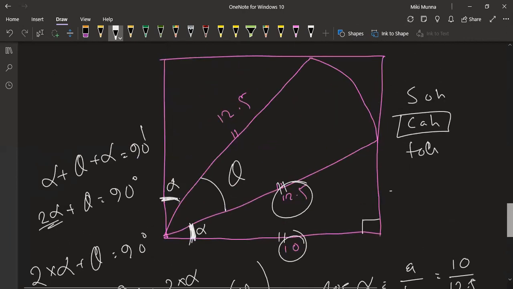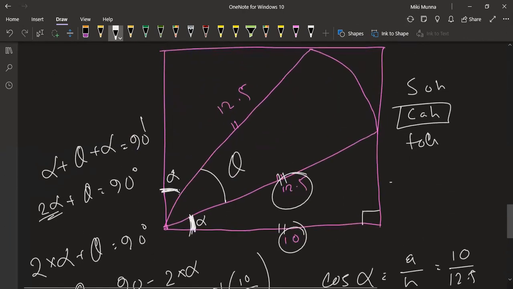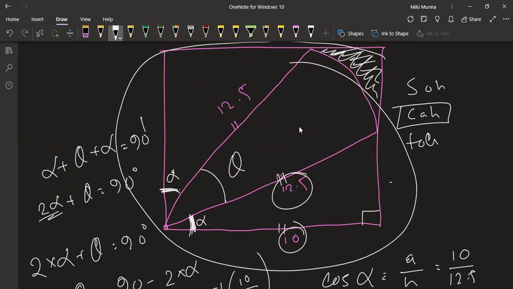Now in the second question, they're asking us to find the shaded region area. Now how can we find this? There is only one possible method. What can we think of at first? It is inside this entire square, isn't it?